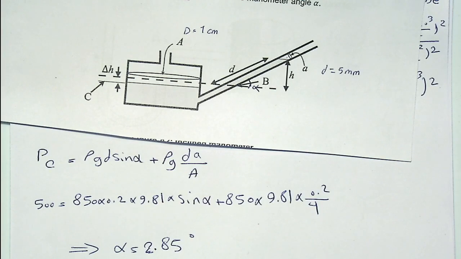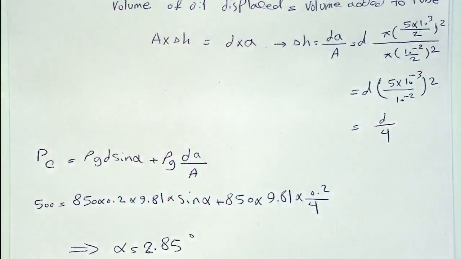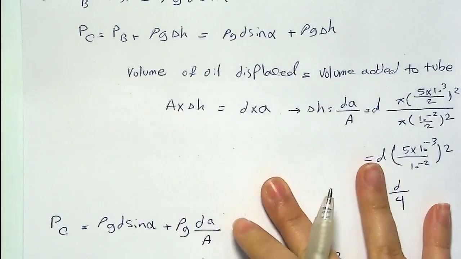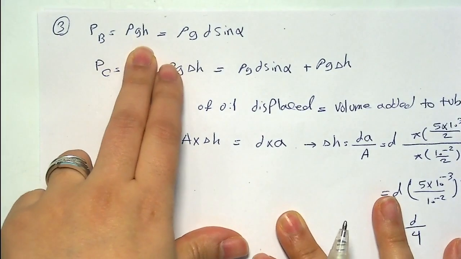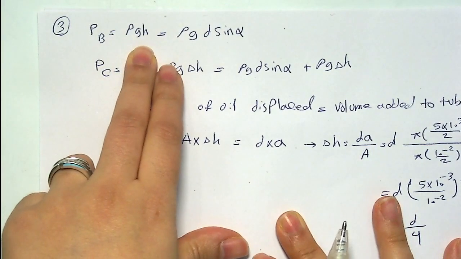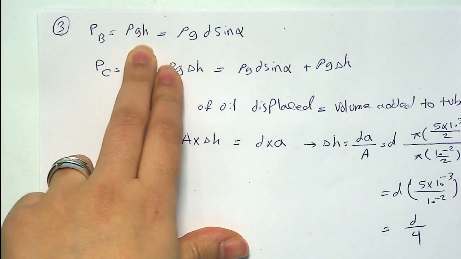rho GH to rho G d sine alpha to find the pressure at B. The pressure at point B is rho G d sine alpha. The first line is PB equal to rho GH, but H is the vertical height and we have the inclined length.